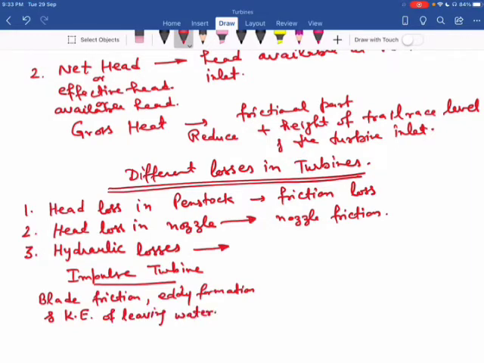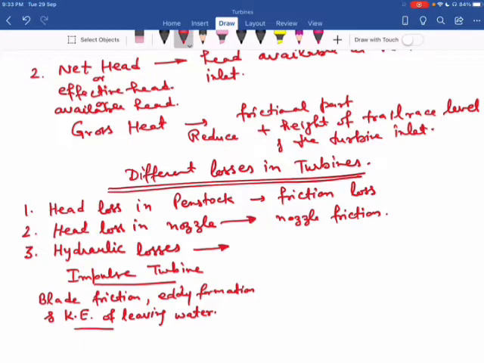Okay, so this is the kinetic energy of water that is going to the tail race. So that water, which after striking the turbine goes into the tail race, has some velocity. Corresponding to that velocity, we have the kinetic energy, and that energy is one type of loss in the turbine. So that contributes to the hydraulic loss of the impulse turbine.